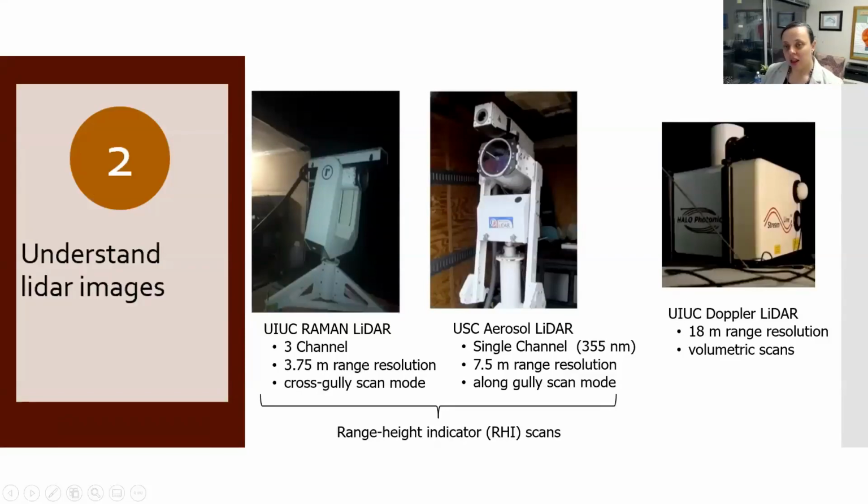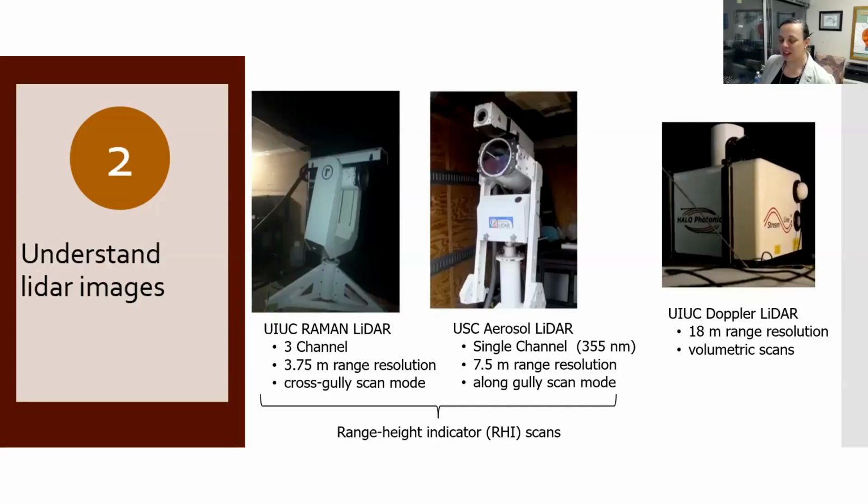The second thing we have been looking at is the LiDAR images, which I suspect is maybe the most interesting. This is one of the unique things about SAVANT, was having all 3 of these LiDARs deployed at the same time and in combination. So just some words about the 3 LiDARs.